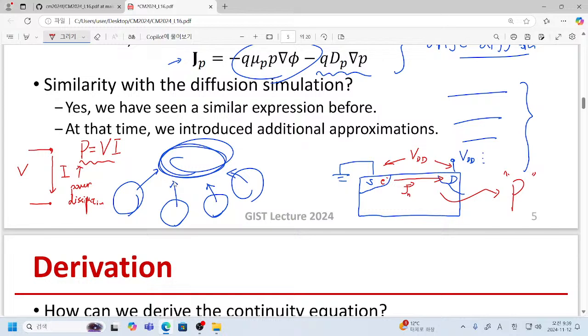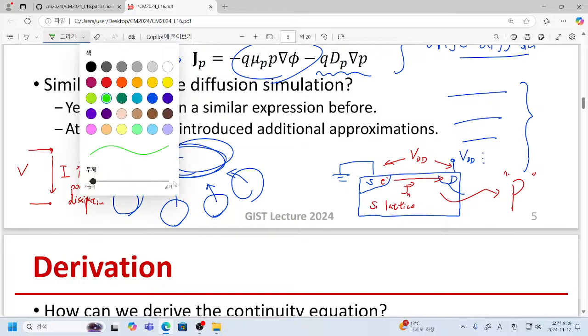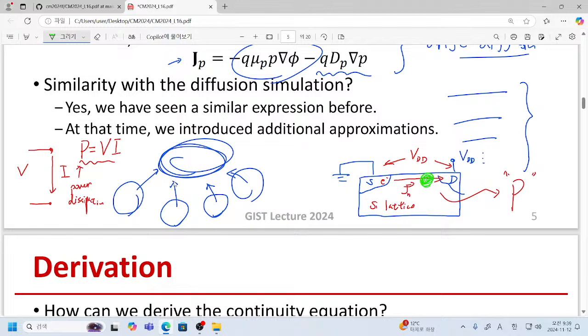Here we have a silicon lattice, and now this silicon lattice takes a certain energy from the electric system. So what will happen? In this case, a part of a certain point inside this device will have excessive energy compared to the ambient temperature.